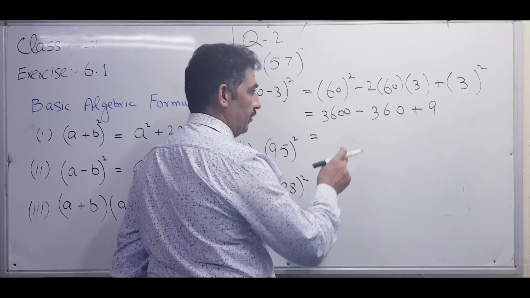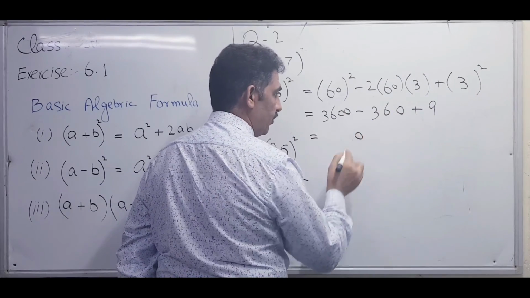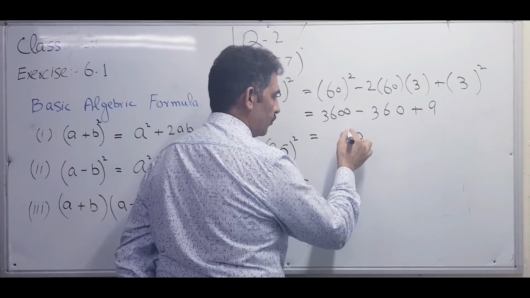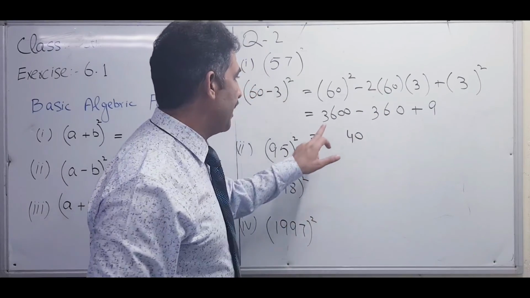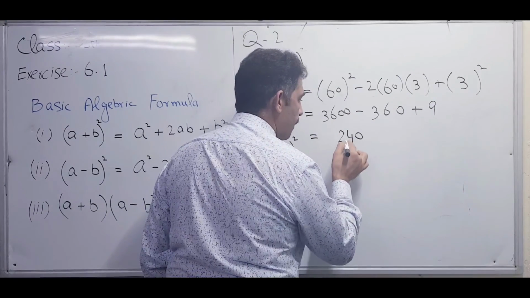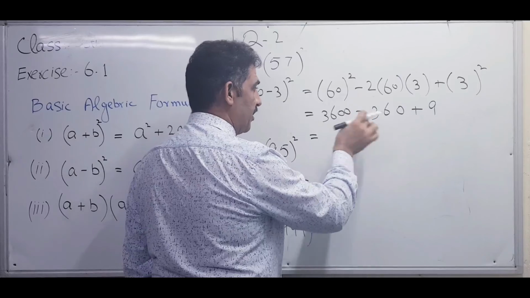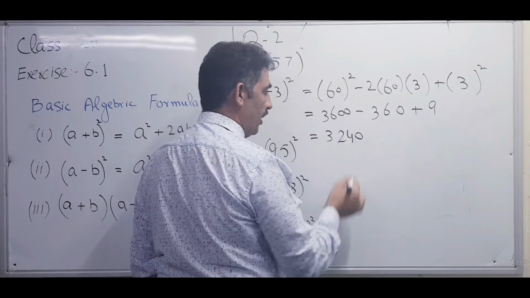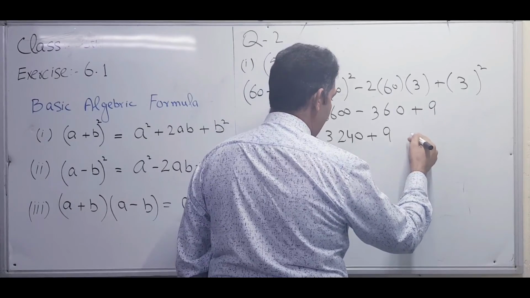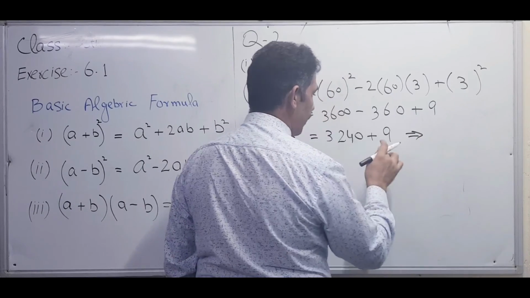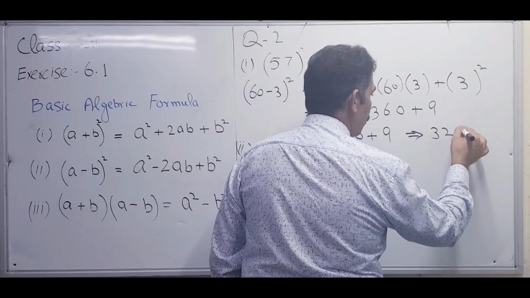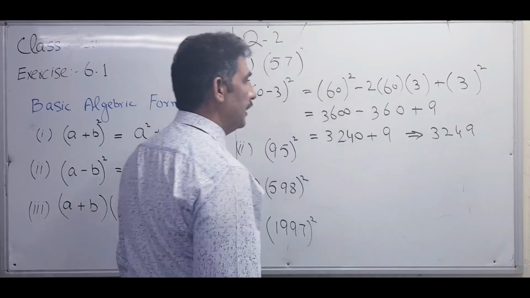Then we subtract 0 minus 0, 0, second element 0, and here 6, 10 minus 6, 4. We have taken a carry, so the remaining 5, 5 minus 3, 2, and 5 minus 3, the last digit is 3. Okay, and plus 9. When you add, we get 3240, then plus 9, 3249. That is our answer.